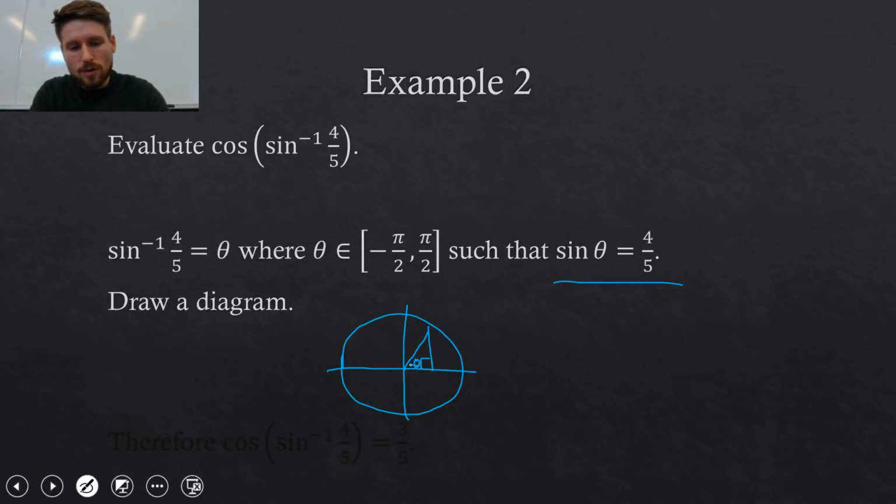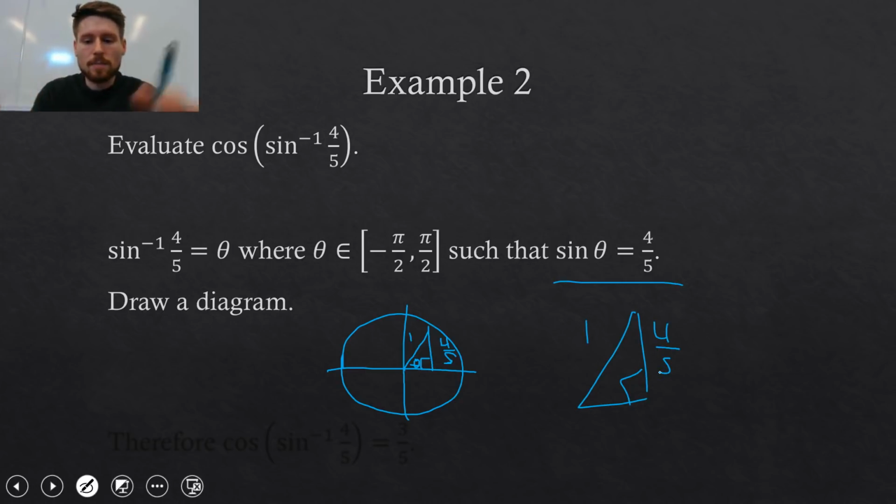So this is 4/5, and this is 1. I'm going to take the triangle over here and make it a little bigger, with 1 and 4/5 as sides, to make it easier to work with. Or we can just go forth finding out what the x is and find cosine.